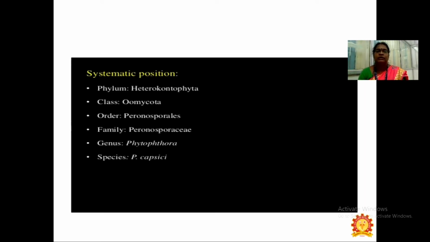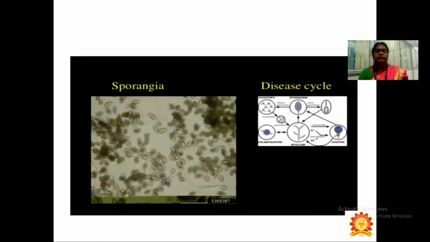Systematic position: phylum Heterokontophyta, class Oomycota, order Peronosporales, family Peronosporaceae, genus Phytophthora, species capsici. This is the structure of Phytophthora sporangia.